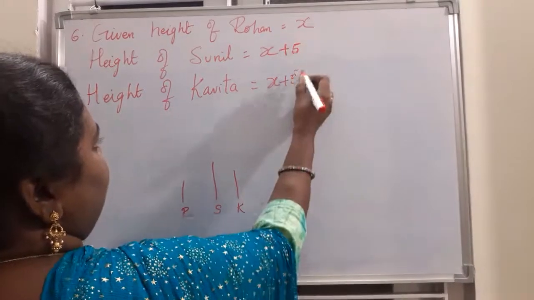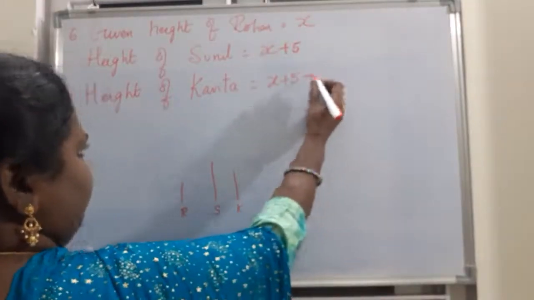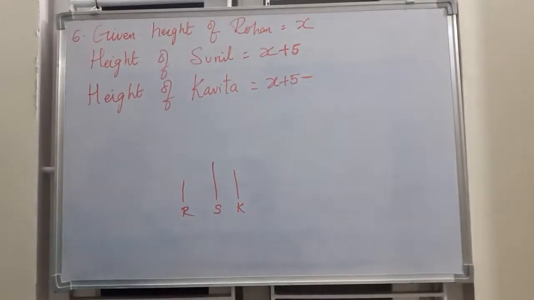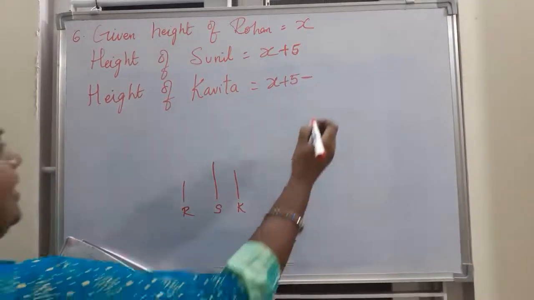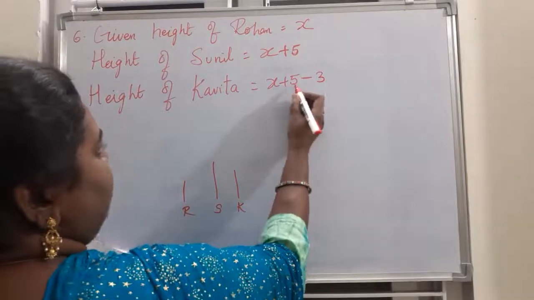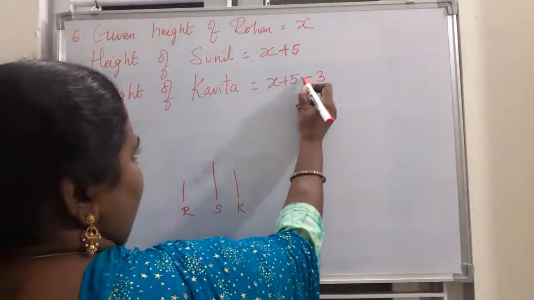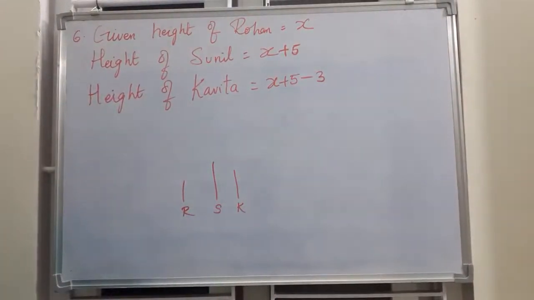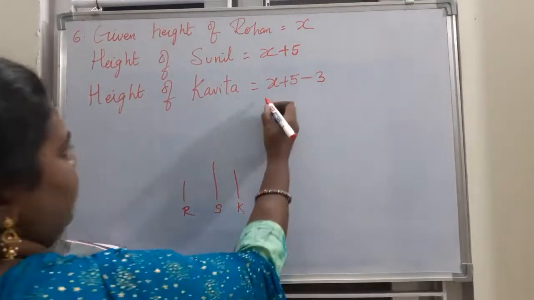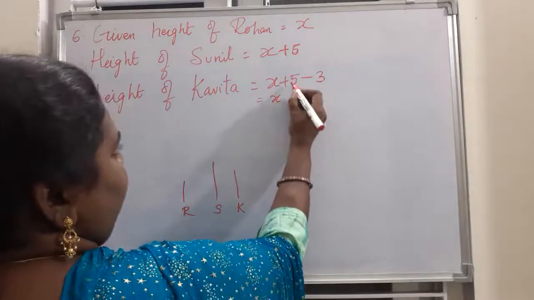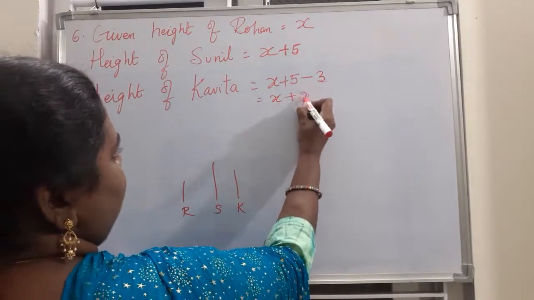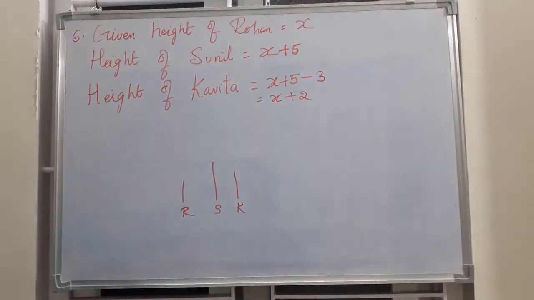From this subtract. How much is she shorter? She is shorter by 3 centimeters. So x plus 5 minus 3. Till now we did not get any calculations, I think. So write x plus 5 minus 3. So it is 2. So Kavita is x plus 2 centimeters.